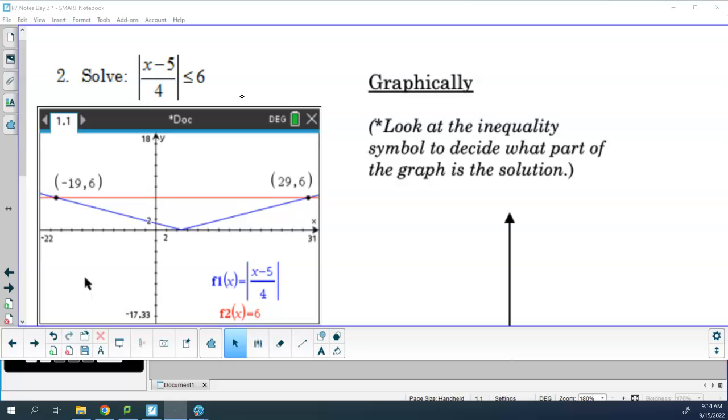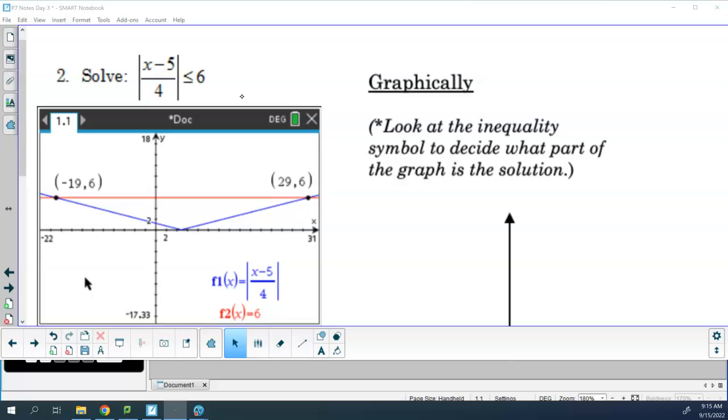So what is the solution to this graph, or to this inequality? Where the points intersect, is that the solution? Just -19 and 29. And everything within it, right? Because what this is saying is we want wherever blue is below red.